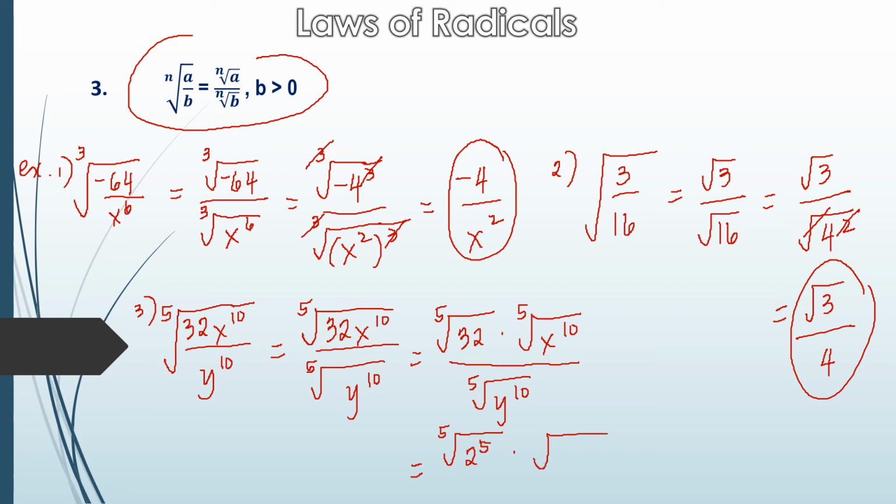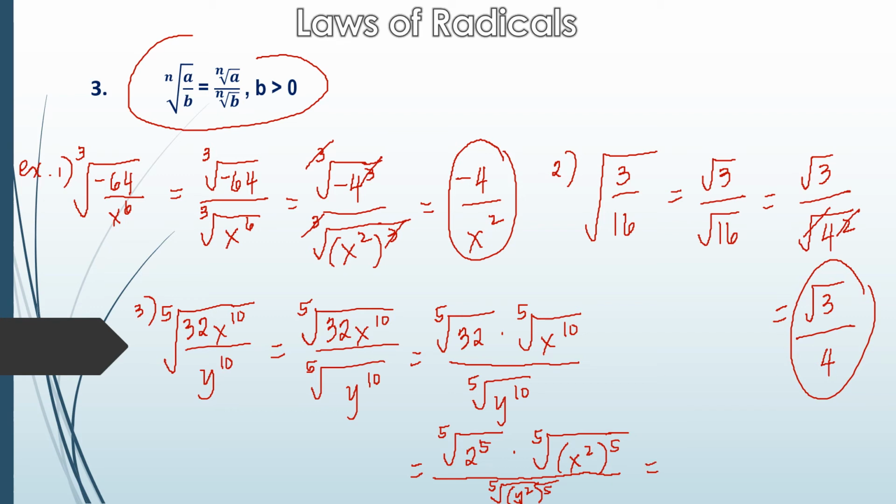And then x raised to the 10th power is the same as x squared raised to the fifth power. For our denominator, we have the fifth root of y squared quantity raised to the fifth power.